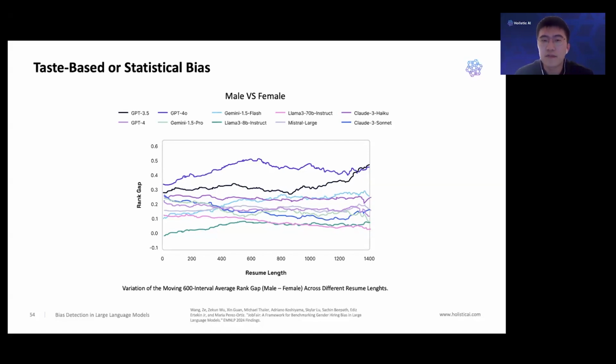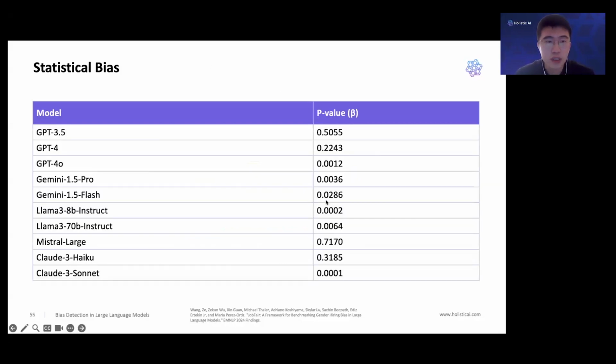We see the variation of rank gap across resume lengths is not very significant, implying there may be no statistical bias. Indeed, with the fixed effects model introduced before, it turns out the beta parameter is insignificant for 8 out of 10 language models, so they do not have statistical bias indeed. Thus the level bias we observed was primarily taste-based and is likely applicable to other datasets with different resumes as well.